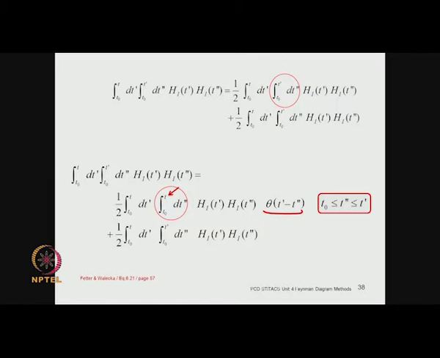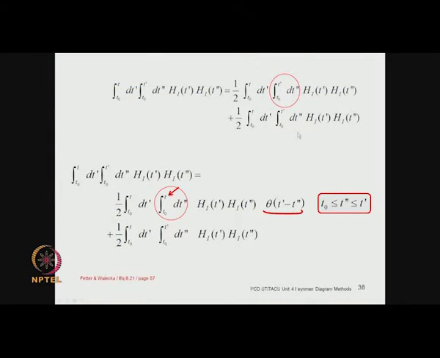Because they have the independent degree of freedom appear as limits of integration. So, this is how you make use of the Heaviside step function, which is theta, and this will be unity if and only if t prime is greater than t double prime, okay? So, that takes care of it.